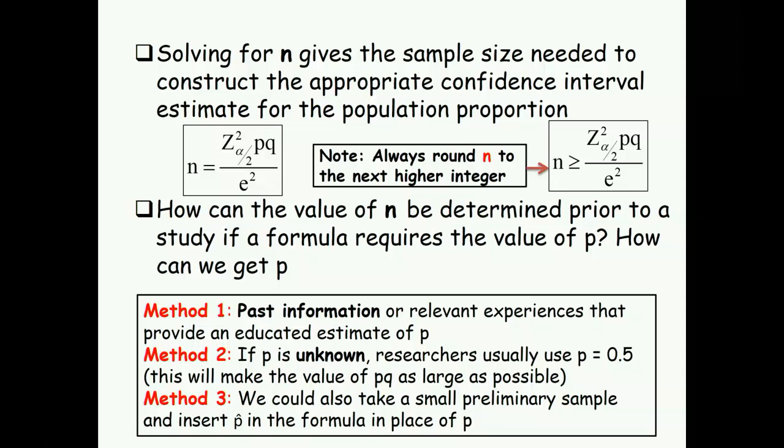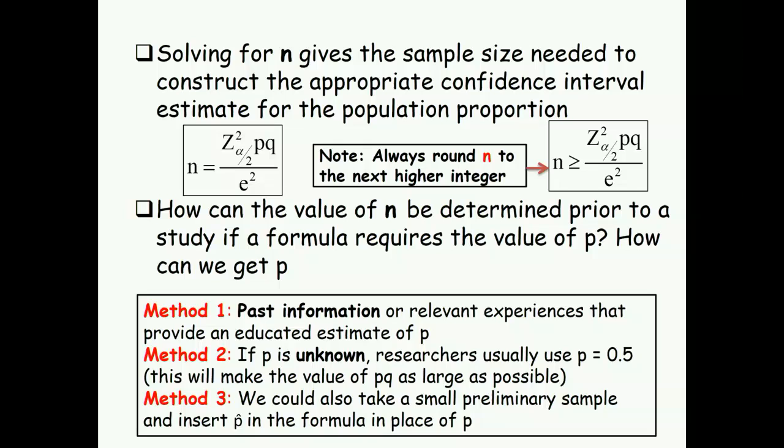So if P is 0.5, what is Q? Okay, 0.5 times 0.5 is 0.25. What about if P is 0.1? Then Q is 0.9. It's still less than 0.25. So we are taking P times Q that gives us maximum.